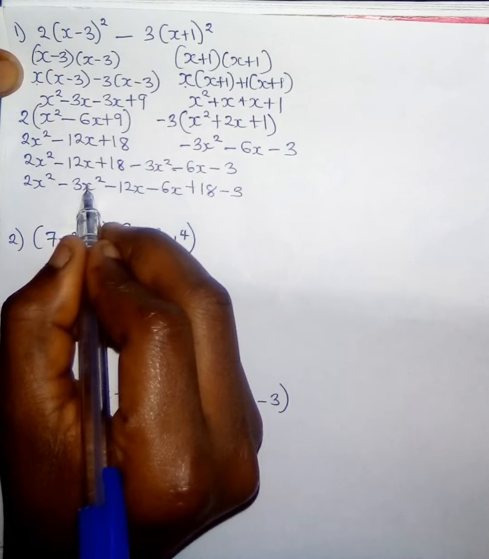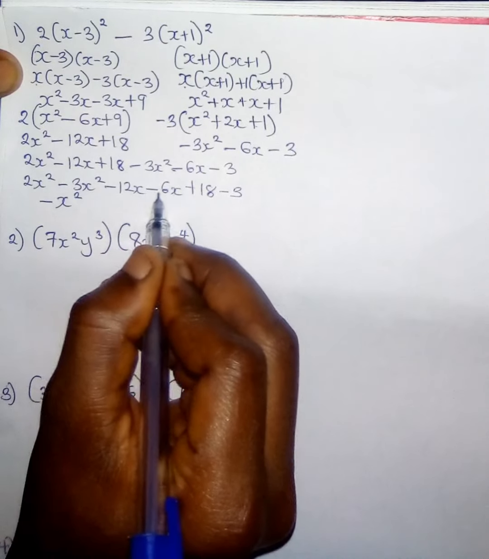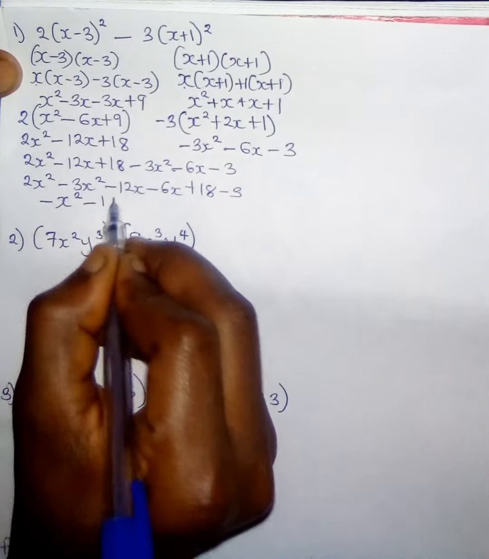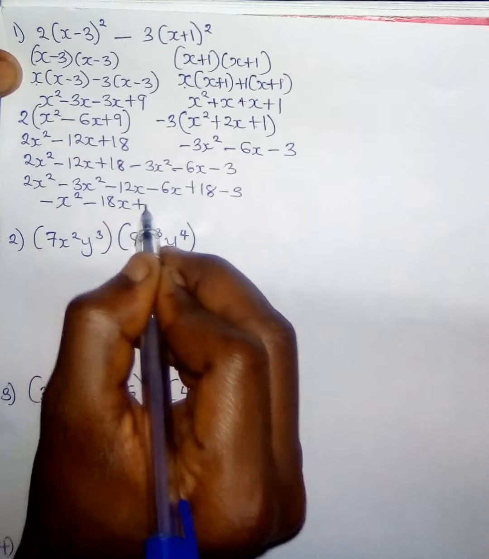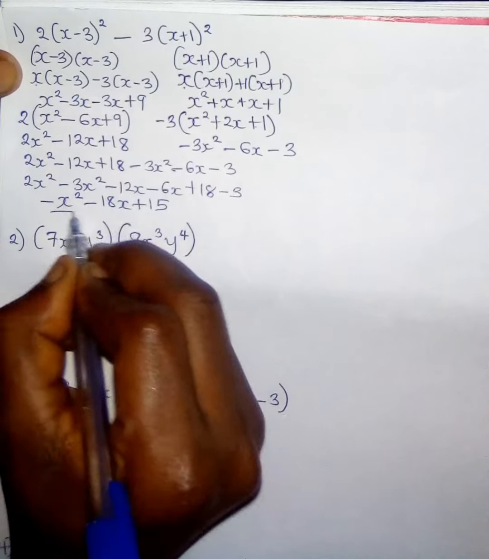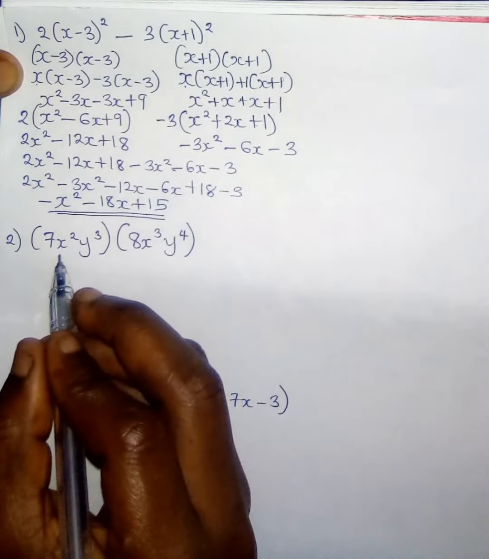Now 2x squared minus 3x squared will give us a minus x squared. Minus 12x minus 6x will give us minus 18x, and 18 minus 3 is plus 15, and that is the answer. Now let's see the second example.